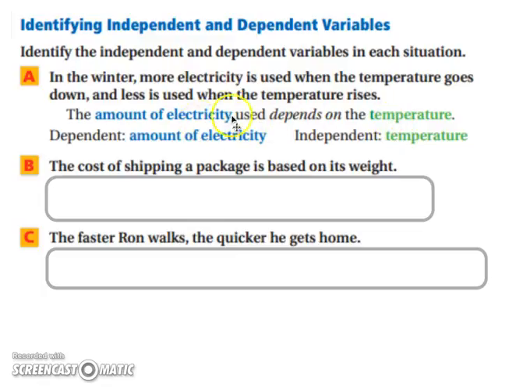So, what is being depended upon? So the what is going to be your independent. So basically your amount of electricity depends on whatever you're inputting into your equation for temperature. Try B and C on your own.